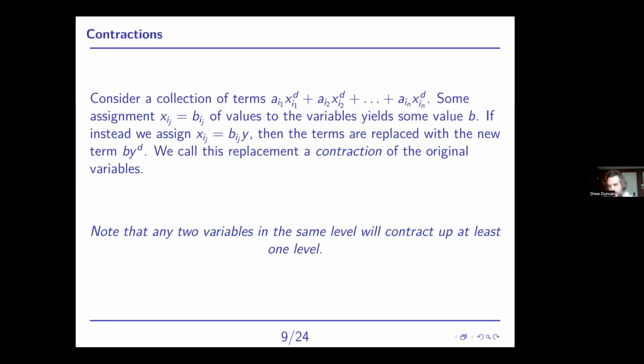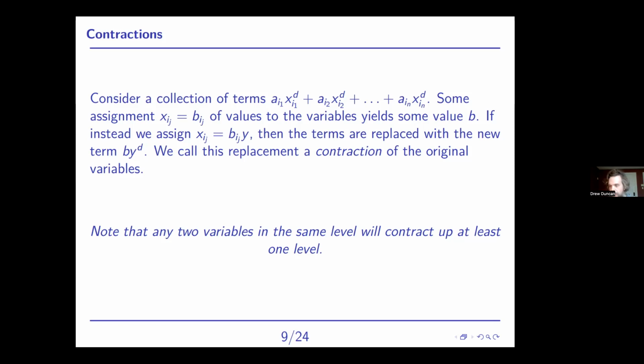Okay, now this is the big tool that's used in most of the results that I talked about. I think actually in all of the results that we talked about. So consider a collection of terms in our form, and then think about all of the values that can be represented by that collection of terms.